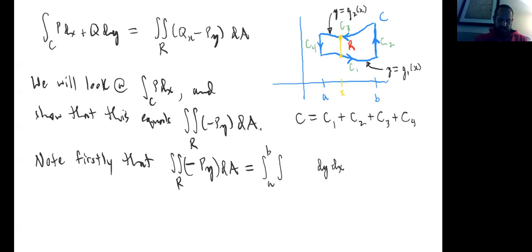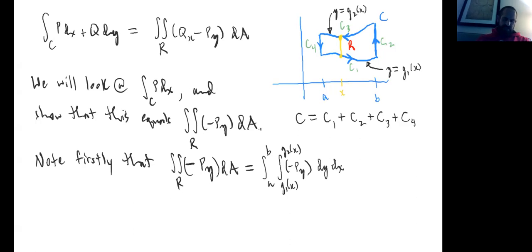So the limits of integration for y go from g1 of x up to g2 of x. Then I have this thing, negative P sub y, and P sub y is a function that depends on both x and y. Interesting. So now what do we do?